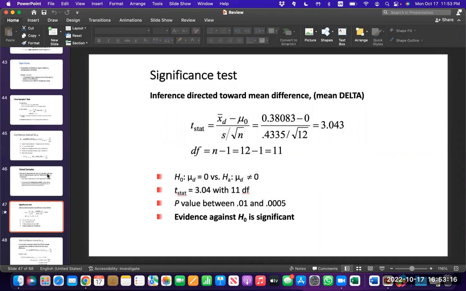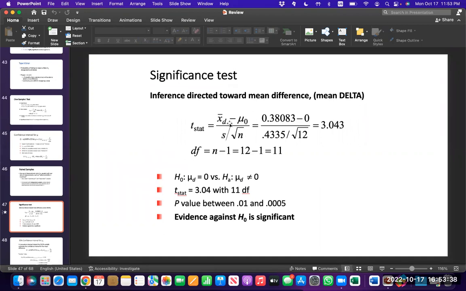Significance tests are essentially now towards mean differences. So essentially, you calculate the difference between before and after. And this difference you are basically comparing to a difference of 0. So that means that essentially you're assuming there's no difference between before and after, and you're calculating a difference between before and after.